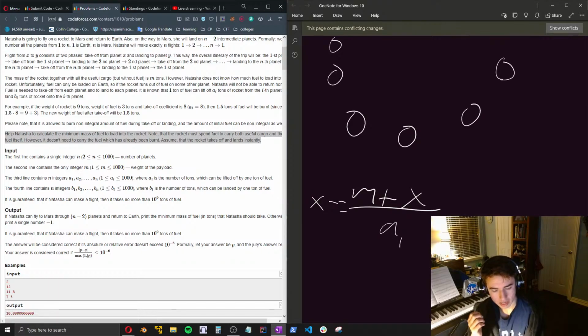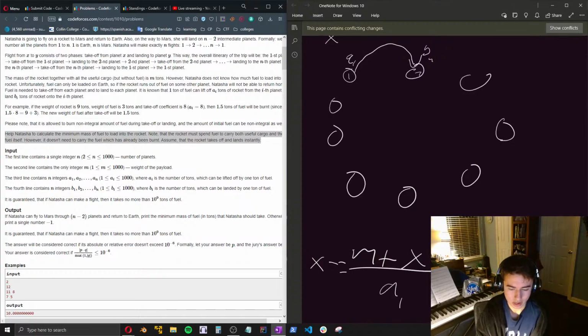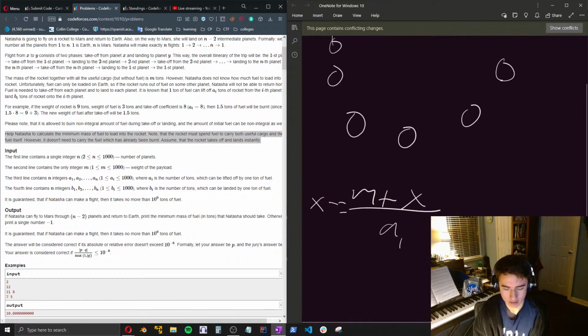Well, it's probably easier to, instead of thinking about it going forwards, think about it going backwards. So let's do the trip backwards, starting from landing on B1 and going backwards and adding the exact amount of fuel we need. So at the very end, we should start with 0 fuel, right?